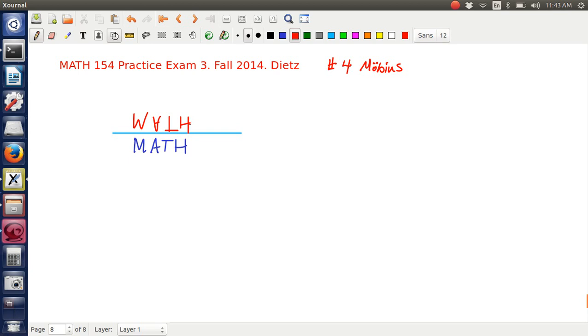The M turns into a W, the A doesn't turn into anything interesting, the H is still an H. This is why in the video Vi Hart, instead of writing A's, wrote something like a V, because an A without a line across it will just turn into a V when you flip it. And for T, she did something like this. That would be a good way to write math if you feel like flipping it, but it doesn't turn into a word, it's just WVFH.